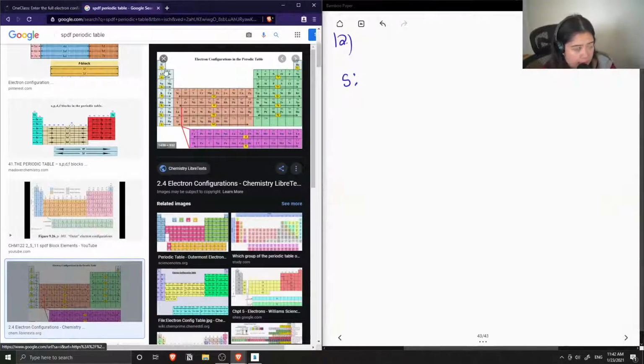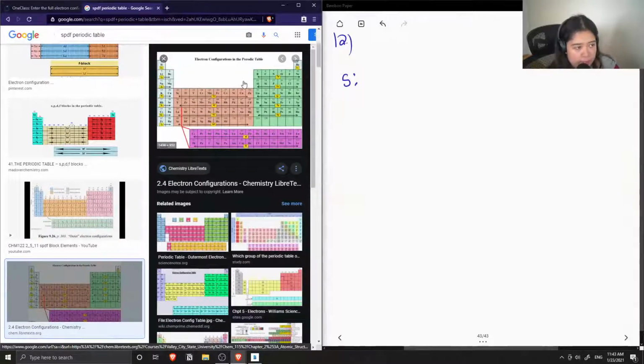For example, these first two columns is the S block, and these columns in the green is the P block, and the middle transition metals is the D block, and the last two rows, so the lanthanides and actinides, is the F block. So when we write down electron configuration, we start from hydrogen and then move left to right down the periodic table, writing the row number and then the block letter.